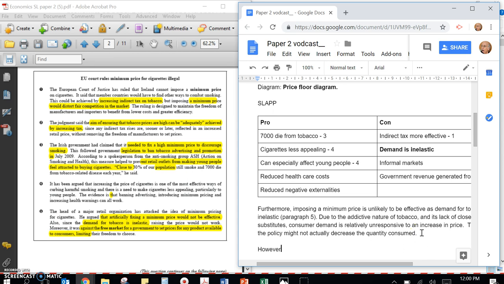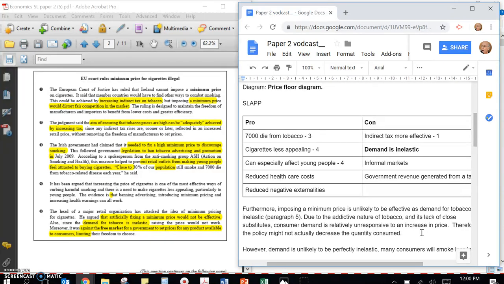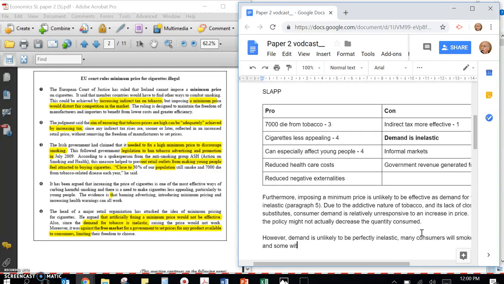You could say, however, demand is unlikely to be perfectly inelastic. So many consumers will at least smoke less, and some will quit. And also, for something even a bit deeper than that, we know that demand becomes more elastic as time goes on.